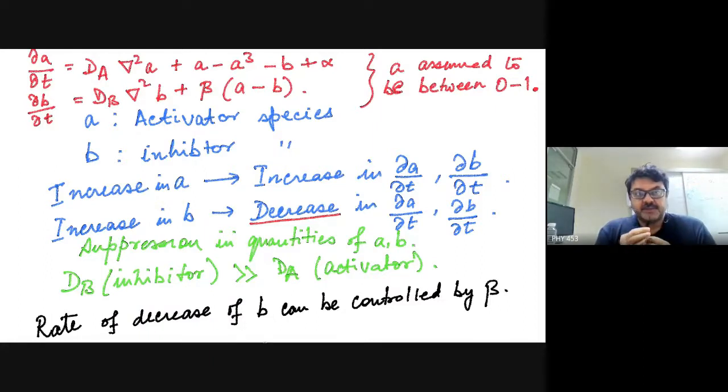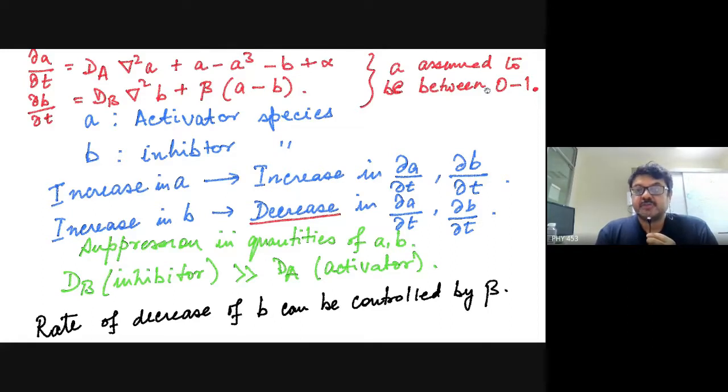Just to put it in perspective, R1 was this term, R2 was this term, A is assumed to be between 0 and 1, and A is called the activator species. Why?